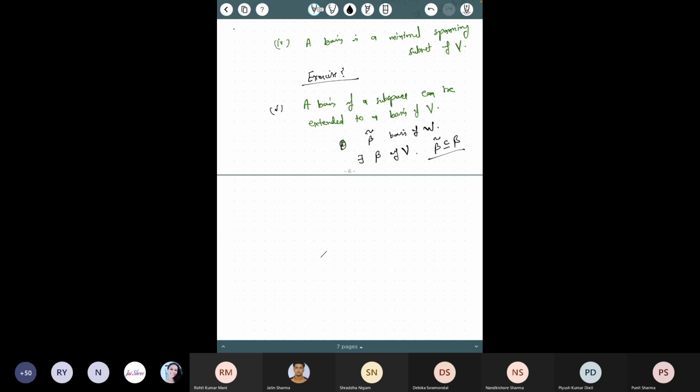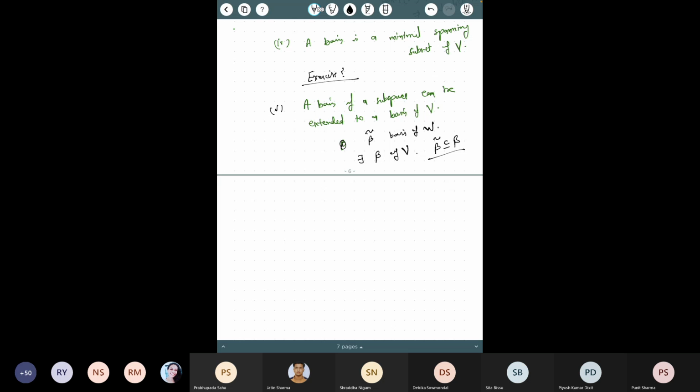Always infinite. Sir, if the field is finite and the vector space is finite, then the number of bases can be finite. Exactly. It depends on the field.